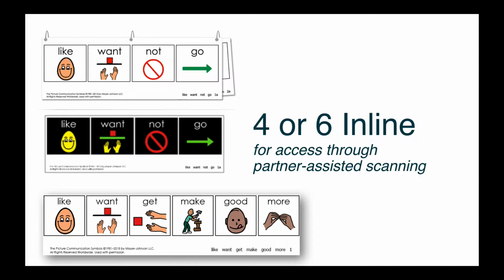As symbols are presented, the adult waits for a student to respond. Students who are just getting started with partner-assisted scanning might benefit from 4 symbols, while more experienced students might find more success with the 6 inline version. Partner-assisted scanning is discussed in more detail later in this module.